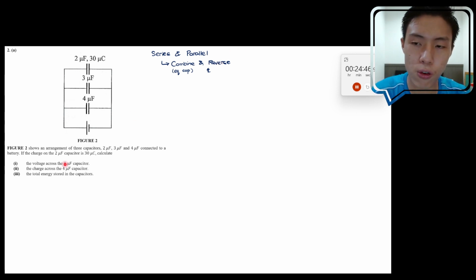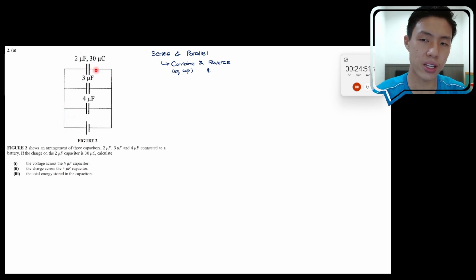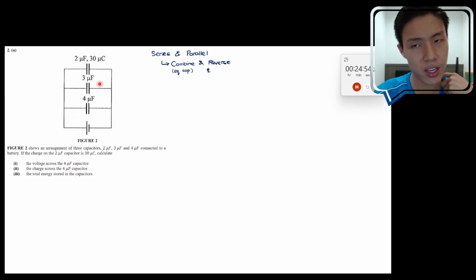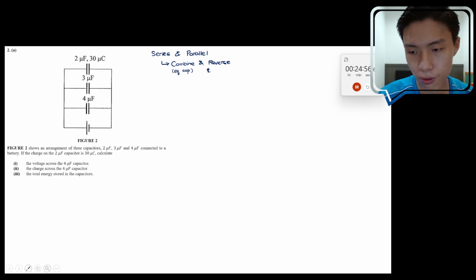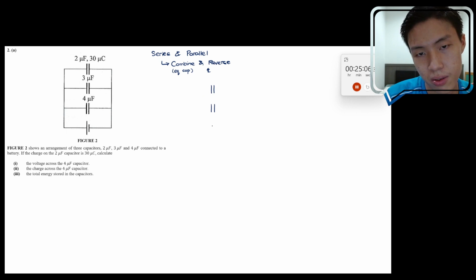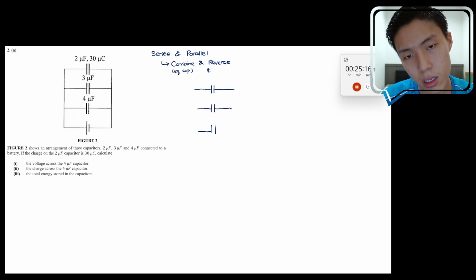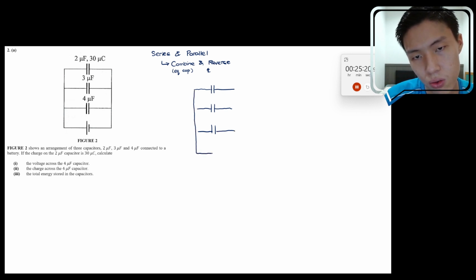I'm not going to focus on what the question asks for. I'm going to fully analyze the question. Then I'll tell you how you can do it faster in an exam setting. So what I'm going to do is figure out how I should combine all the capacitors to become one. The current diagram given here is 3 capacitors all connected in parallel, and it's connected to a battery.